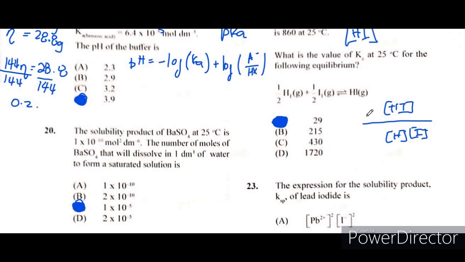Originally, the concentration of HI over the concentration of H times I was 860, so to find the answer here, this would basically be the square root of 860, and that's where we got 29. Hope that was clear.